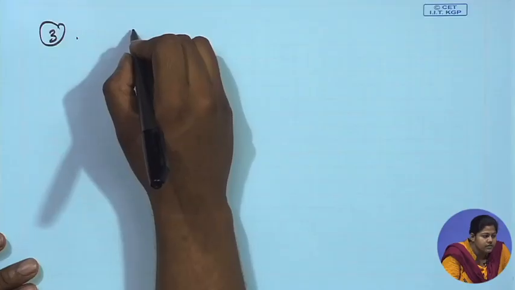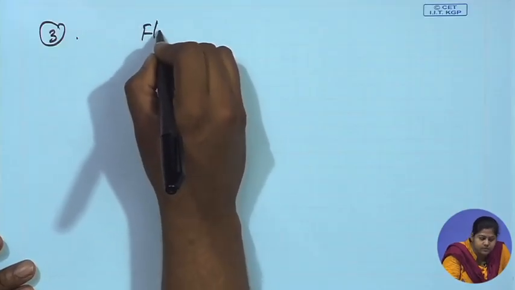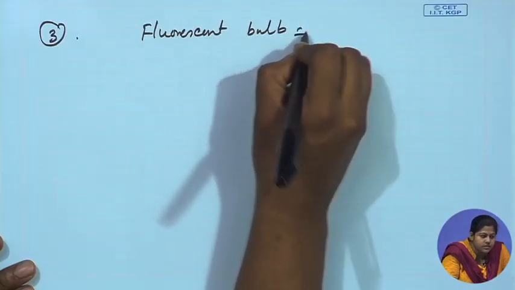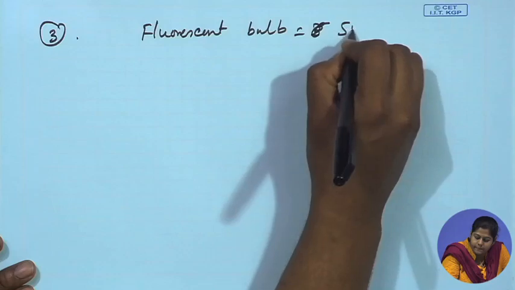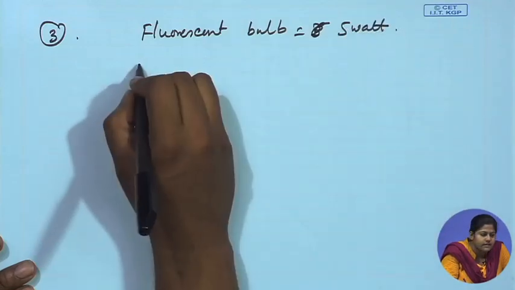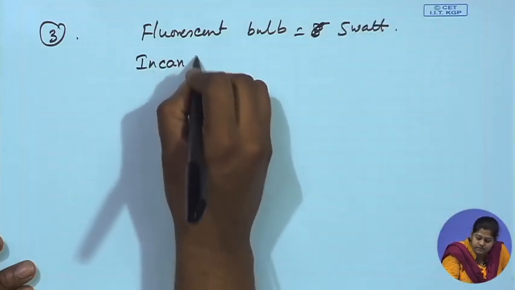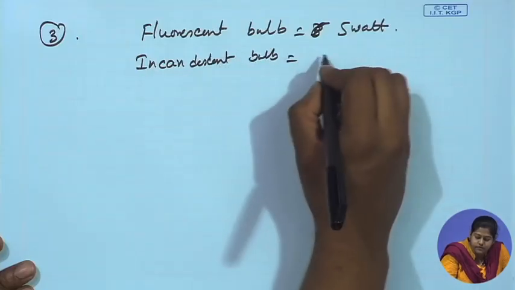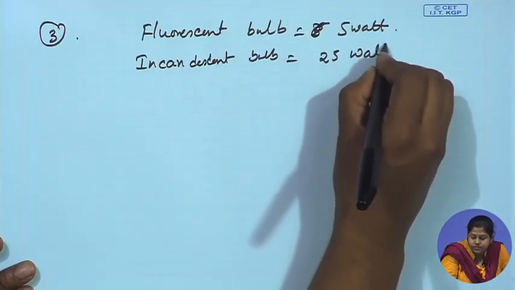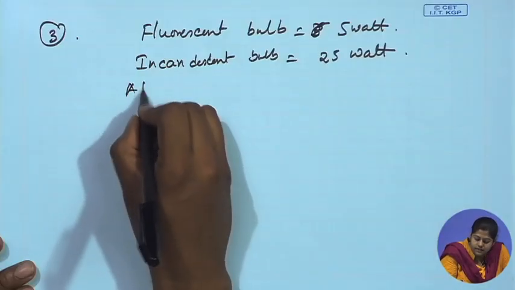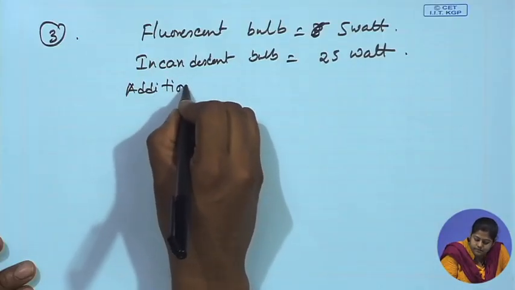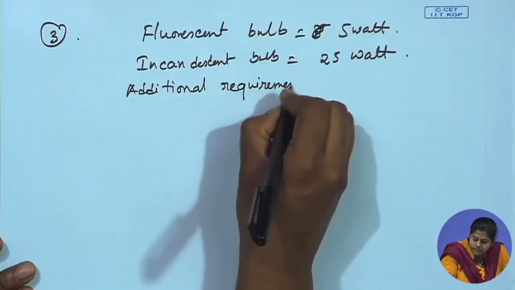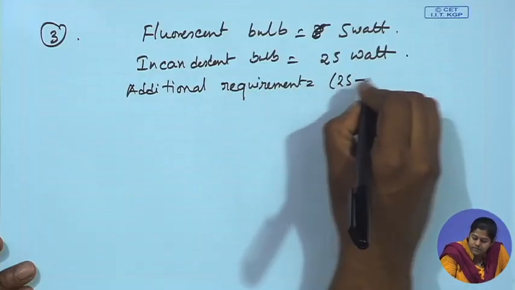For the fluorescent bulb it is 5 watt, and for the incandescent bulb it is 25 watt. So the additional requirement is 25 minus 5.